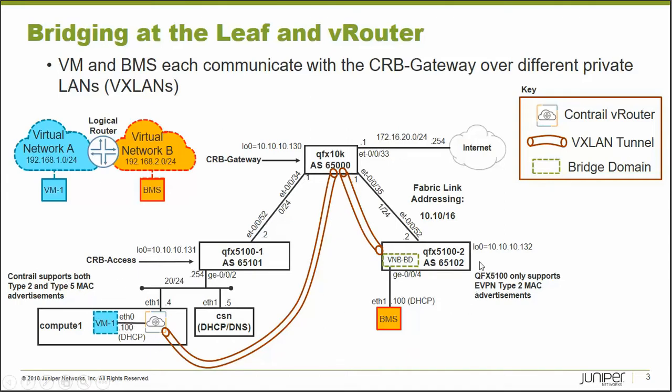Now on the 5100 side, this MAC address will get advertised as an EVPN type 2 advertisement up to the QFX 10K. That's important to note when we get to the next page and talk about what goes on the QFX 10K. The reason type 2s are sent is because the QFX 5100 only supports type 2s. It doesn't support type 5.